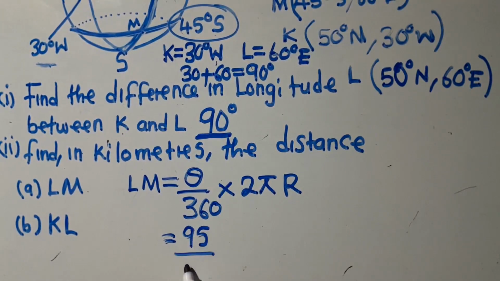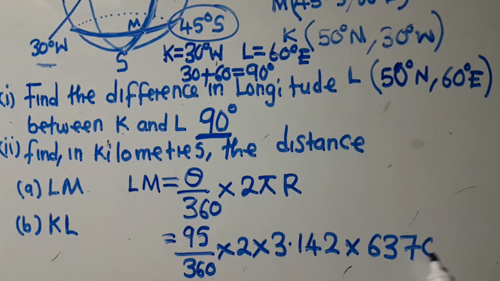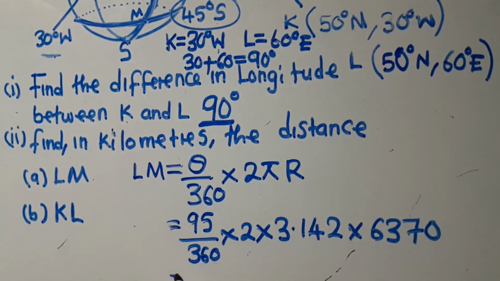You say that is 95 over 360 times 2 times pi, which is 3.142, times 6370. This is the radius of the earth in kilometers. You put 6370 there. So now, what is your answer when you punch on your calculator?